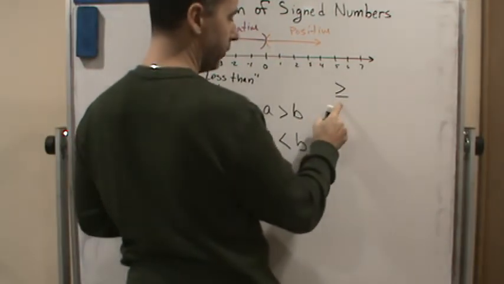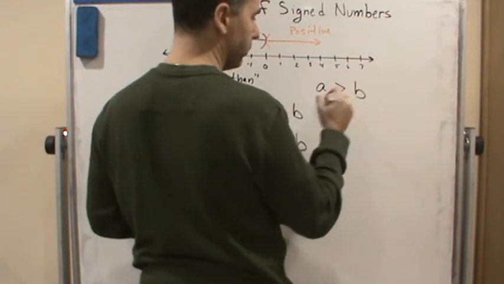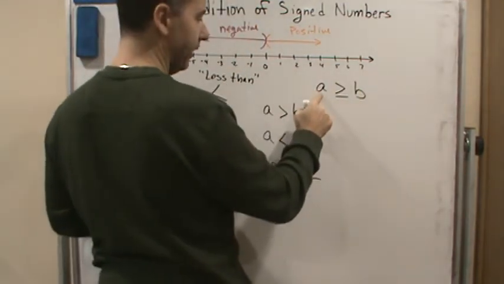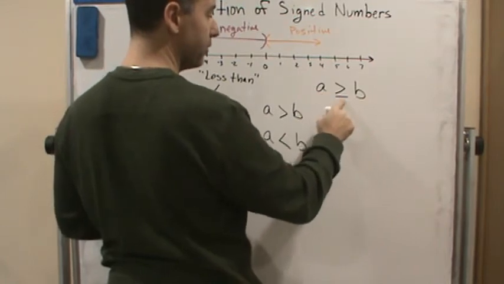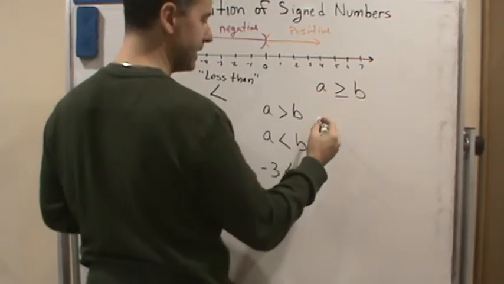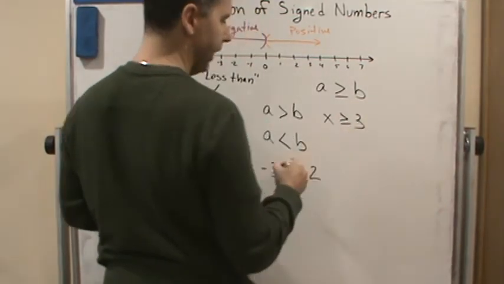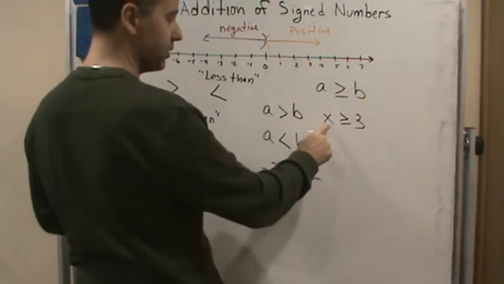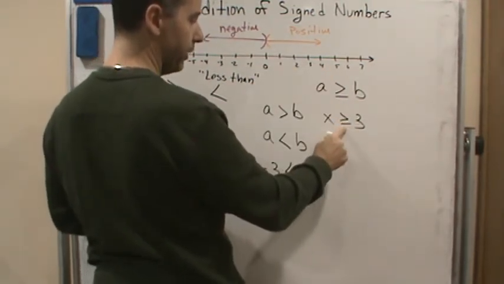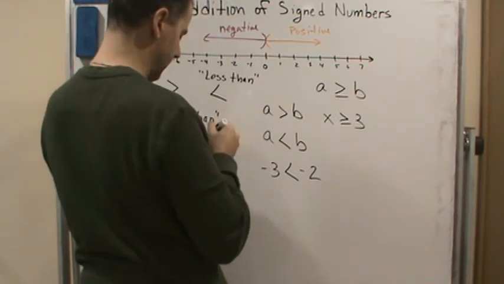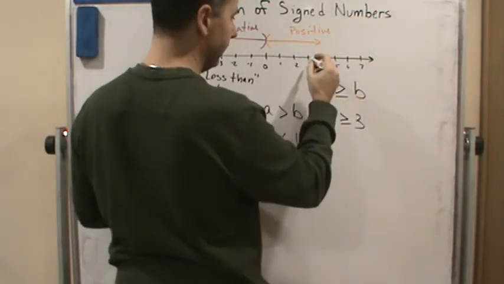This means greater than or equal to. So if I say that A is greater than or equal to B, that means that A could be equal to B, so I'm including any values that could be equal to B. If I say x is greater than or equal to 3, then I want all values of x on the number line that are greater than or equal to 3. That would mean everything from 3, including 3.